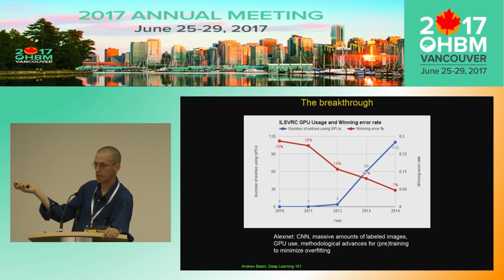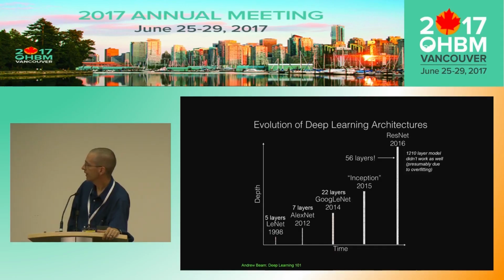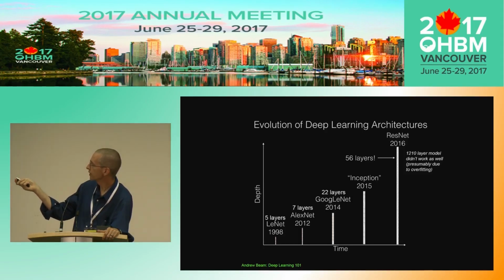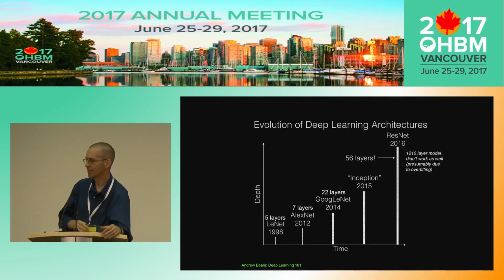And these are all deep learning models that have continued to outperform. Some of the key landmarks: AlexNet itself was a 7-layer model. But people are going crazy now, and you've got GoogleNet, which is 22 layers, and ResNet in 2016, 56 layers, and they actually tried a 1,200-layer model. It didn't do as well, probably because of overfitting. The 56-layer did quite well, though.